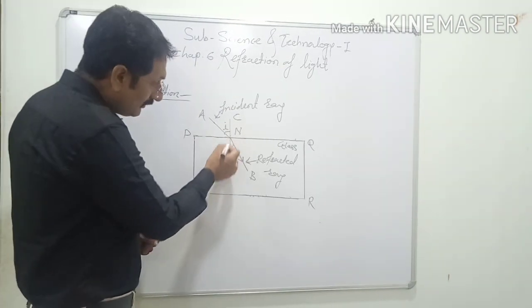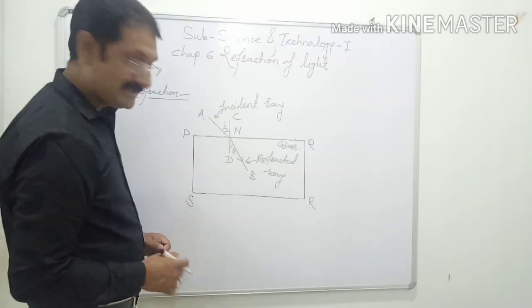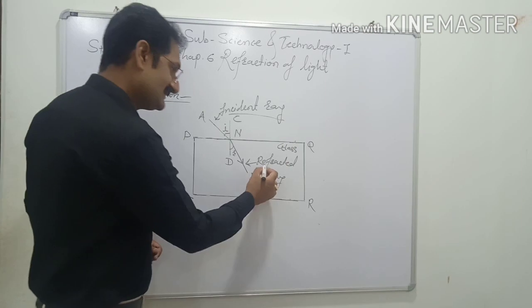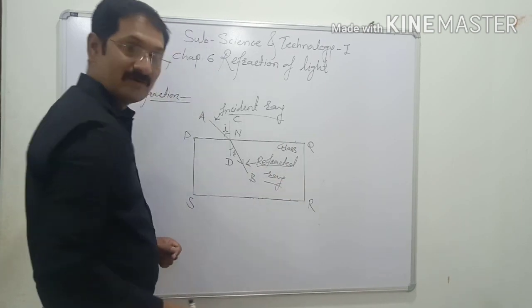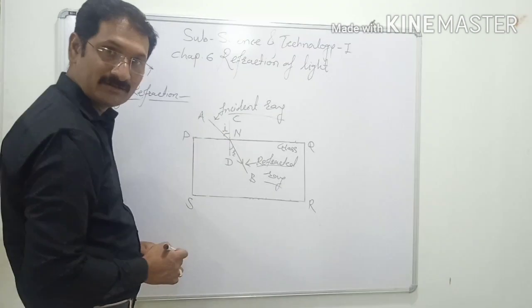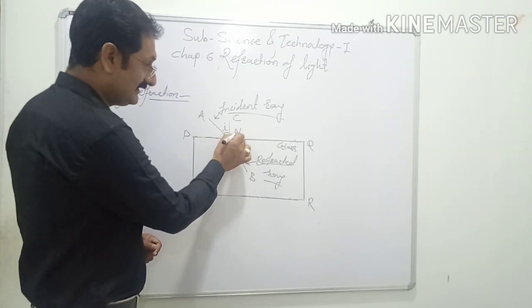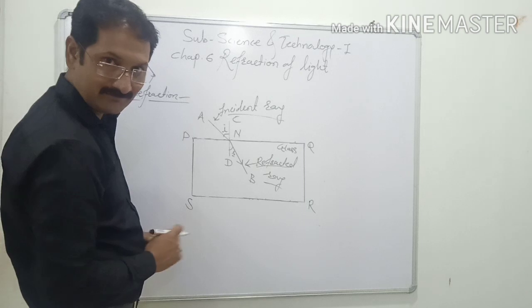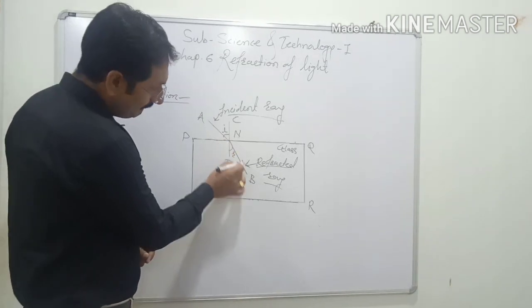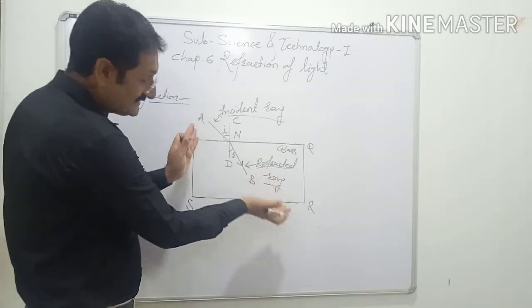From this observation, it is clear that the incident ray and the refracted ray are on opposite sides of the normal. The ray is incident at point N of the normal, so the incident ray and refracted ray are on opposite sides of the normal.